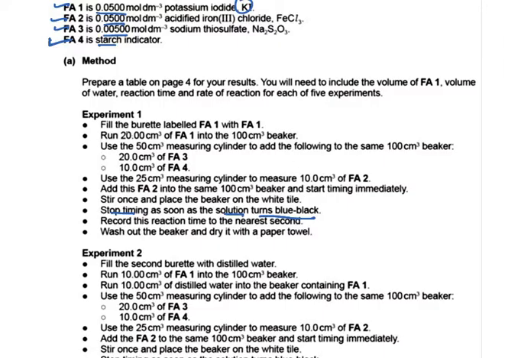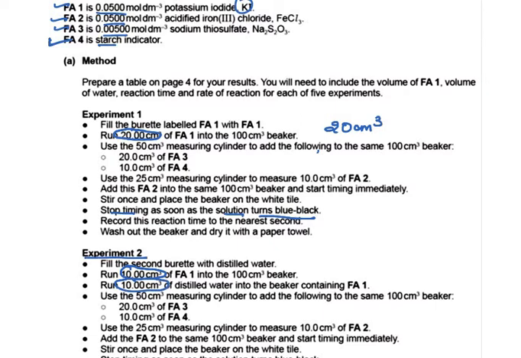What we are changing is the volume of Fa1 every time. In the first experiment we had taken Fa1 solution as 20 centimeter cube, and in experiment 2 you can see that we had to take 10 centimeter cube of Fa1 and then 10 centimeter cube of distilled water mixed with it.